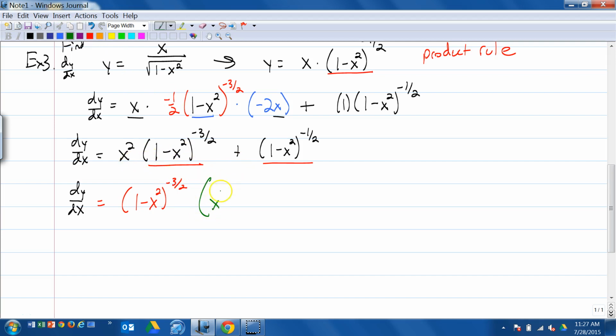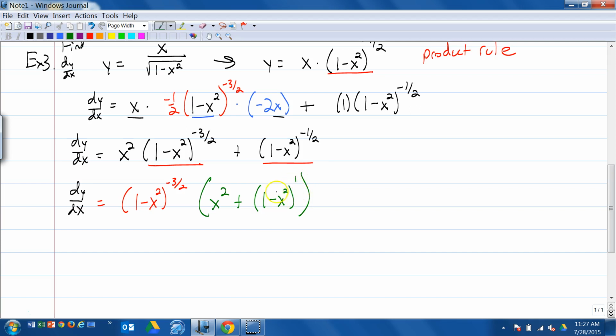I'm left with an x squared plus, here, remember, when you multiply like bases, you add the exponents. So in order for this to add to something to get to a negative 1/2, we need to have it to the first power. And so by taking that out, this is now the first power over here.